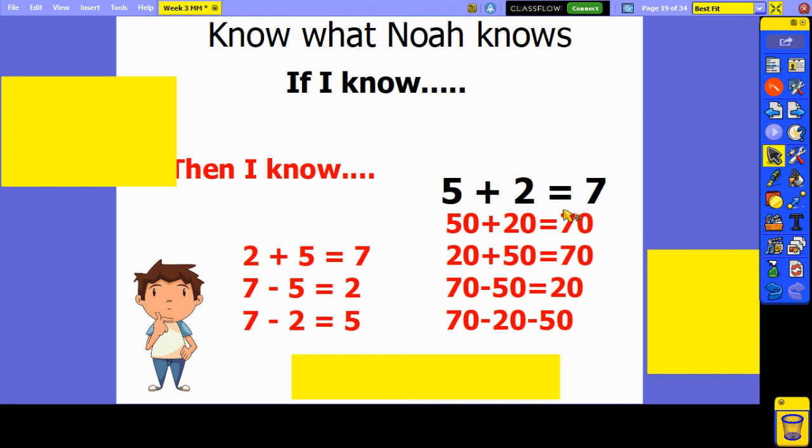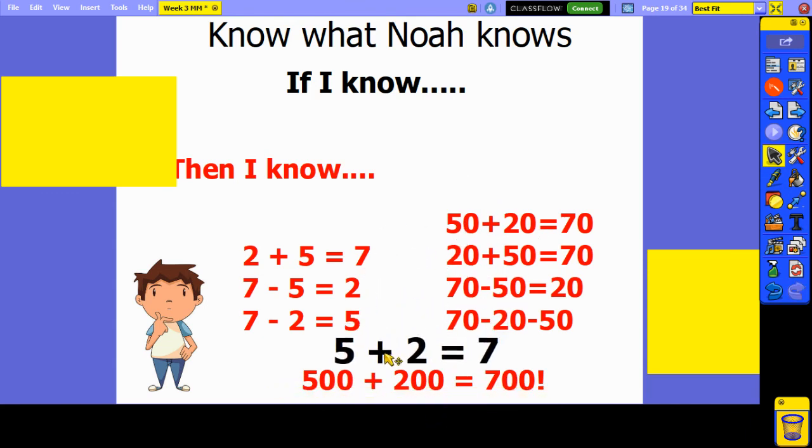If I know 5 plus 2 equals 7, then I also know 50 plus 20 equals 70, 20 plus 50 equals 70, 70 take away 50 equals 20, 70 take away 20 equals 50. My goodness. And I know some of you love working out the hundreds. If I know 5 plus 2 equals 7, then I know 500 plus 200 equals 700. Well done. One easy equation, and look how much you know.